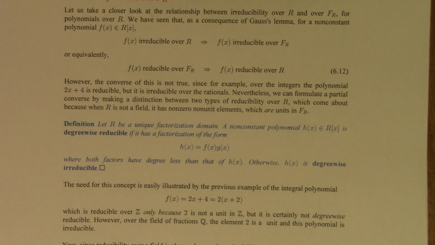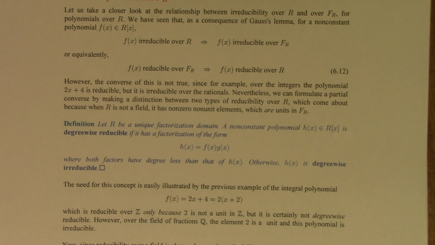And if you pause, think about this, and get a grasp on this, the rest will follow easily. What's going on is that in both universes, you can write this as 2 times the quantity x plus 2. But over the integers, 2 is irreducible. So you have a non-trivial factorization, which is why the polynomial 2x plus 4 is reducible over the integers.